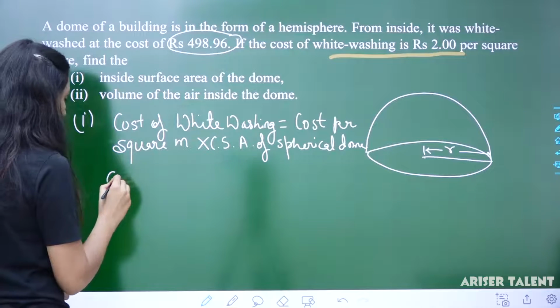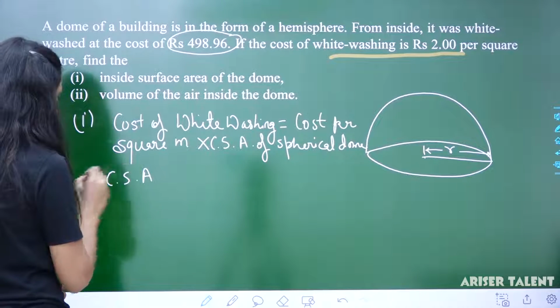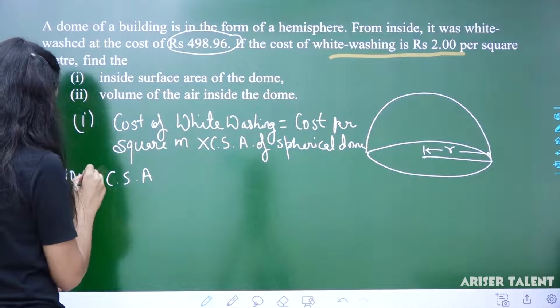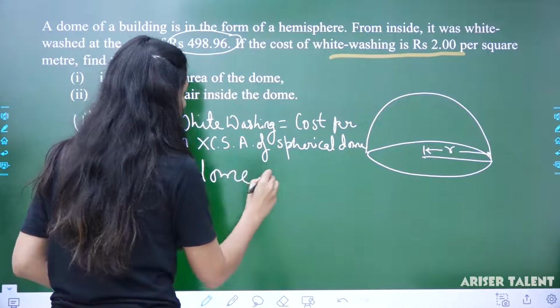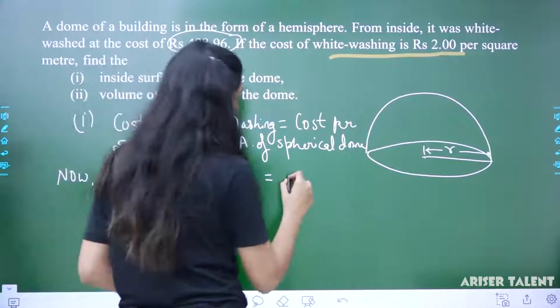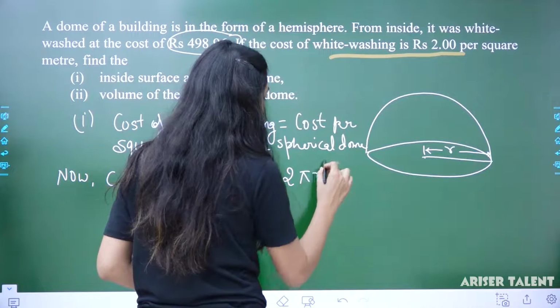Now, curved surface area of dome is equal to 2 pi r square.